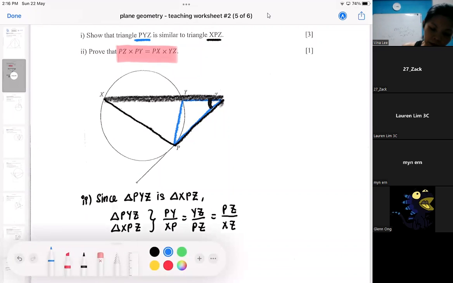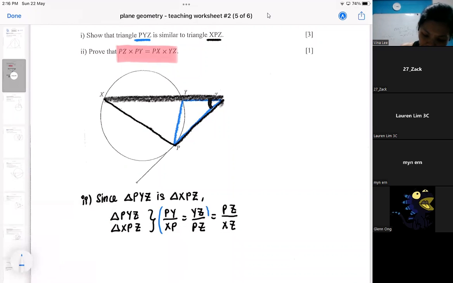Yeah, it's here. So if you write out the ratio properly, you look carefully, it's very messy because there's a lot of alphabet. If you look carefully, the cross multiplication should get you the proof.